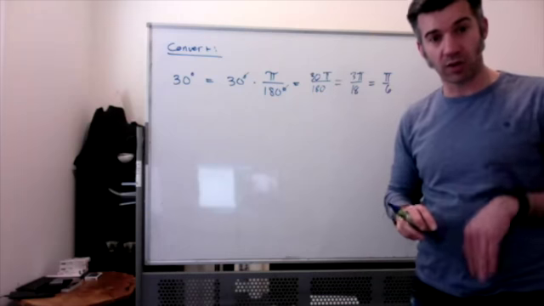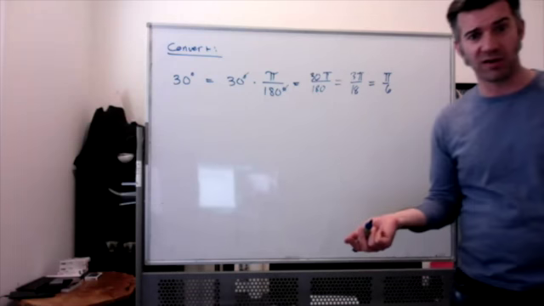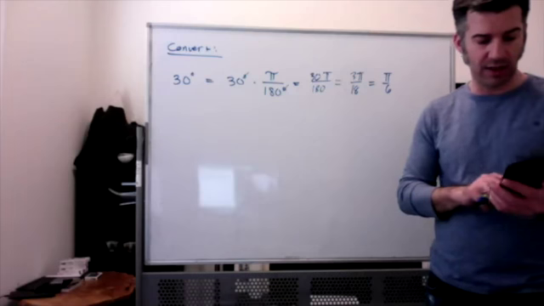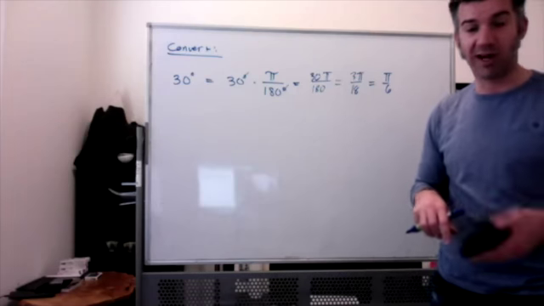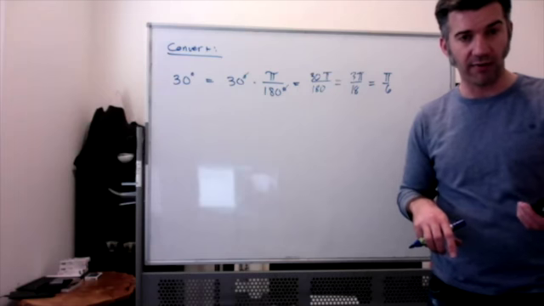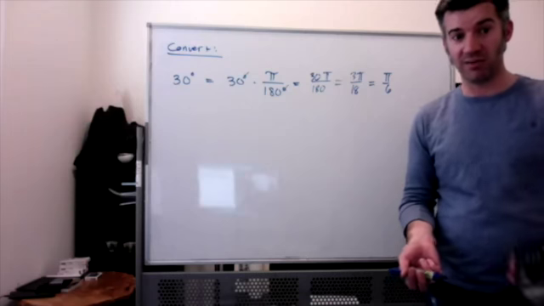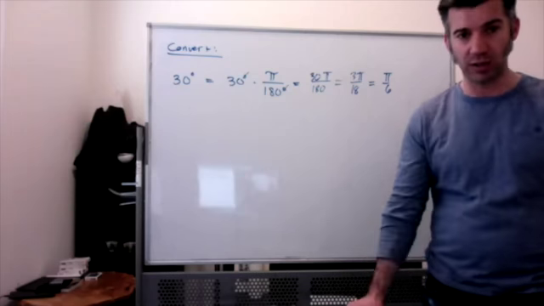No, we would not. That's a good point. So if I asked, what's 30 degrees in radians, the answer is pi over 6. The answer is not approximately 0.5235. I mean, it is, but we never, ever want to give a decimal approximation for radians, with rare exception.